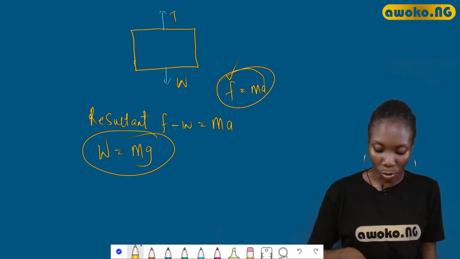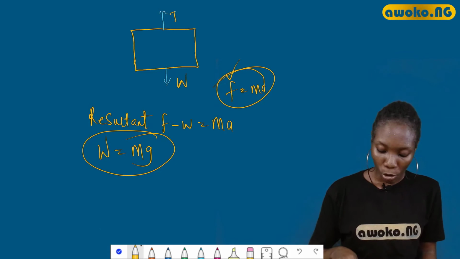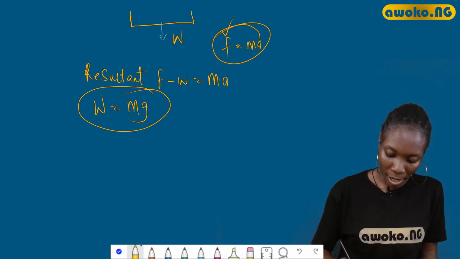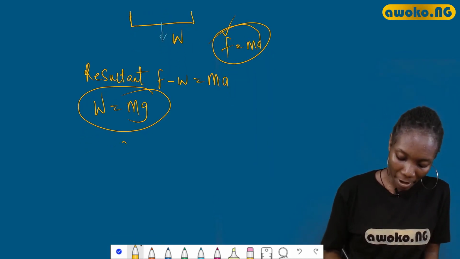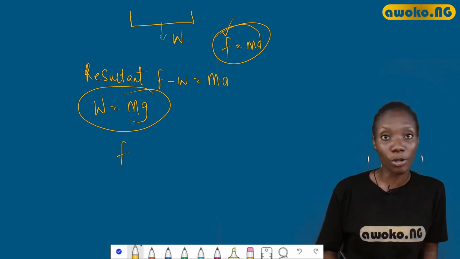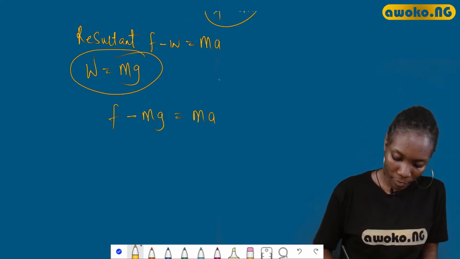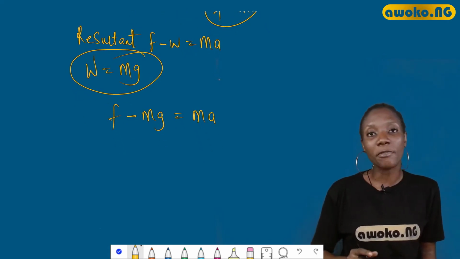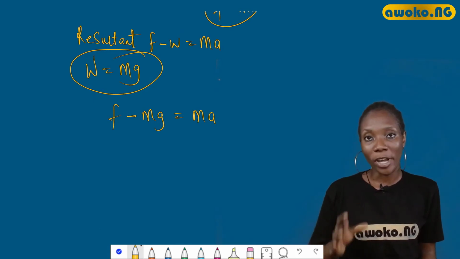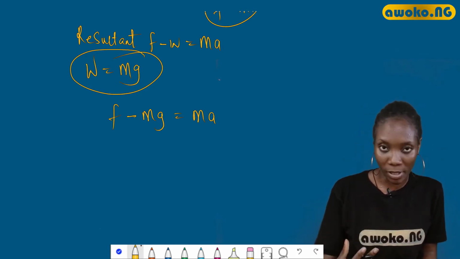We're familiar with this equation, W equals mg. So in this case, we are going to put it here in our formula. So we have F, still using Newton's second law of motion, minus mg equals ma. So you see how we went from understanding the question to trying to solve it, right?